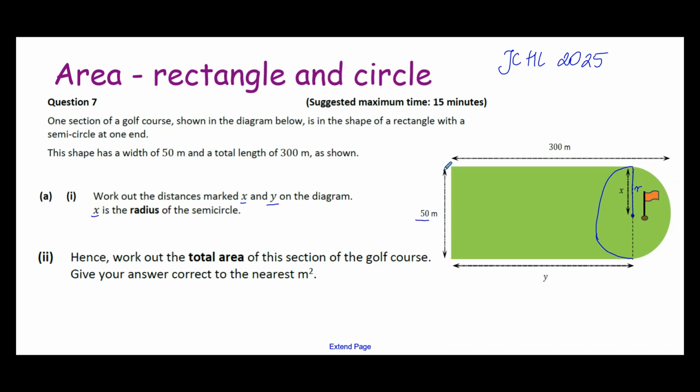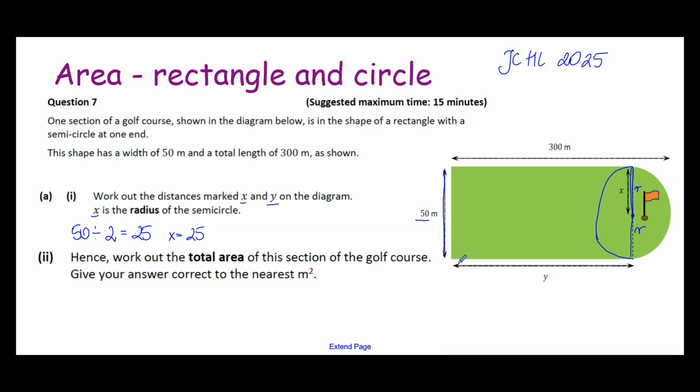We know 50, and that is all of that, which means I have one radius here and another radius there. So 50 divided by 2 gives me the radius, which is 25. So that's the value of X, the radius, 25.